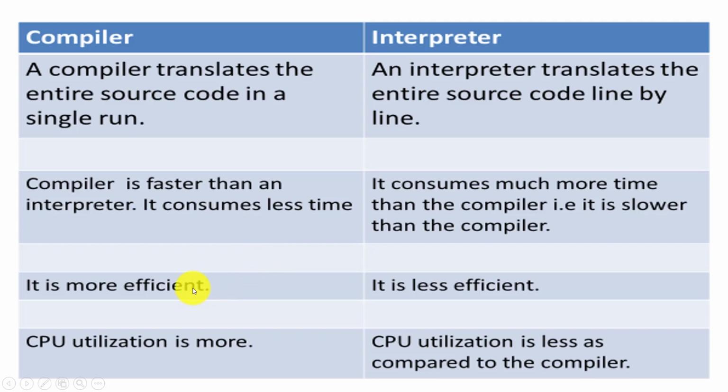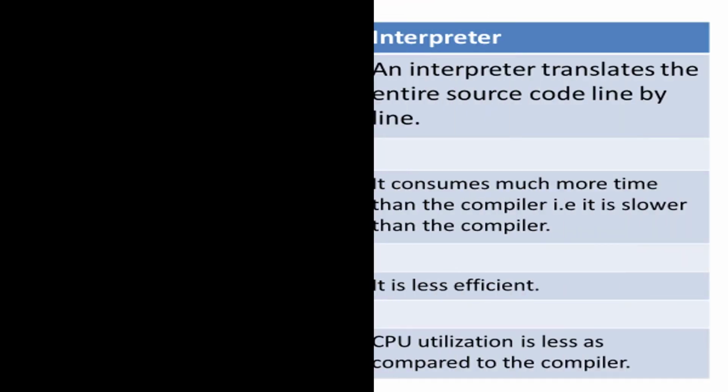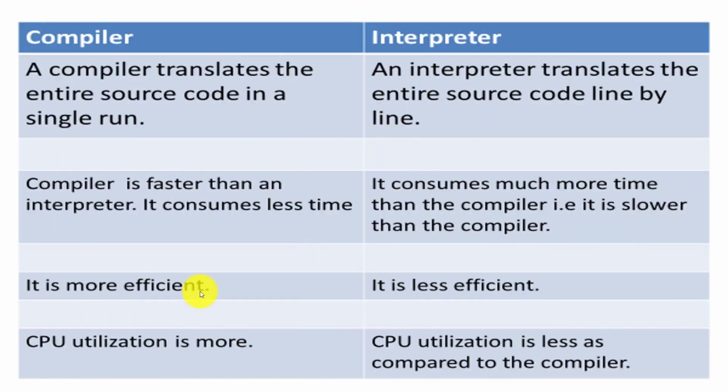Now the third point is efficiency. The compiler is more efficient because it follows the mechanism of linking and loading of object code. That is, the compiler generates the object code. After compilation, it gives the object code. This object code can be referred to by another program, or the same object code can be used by other programmers also.